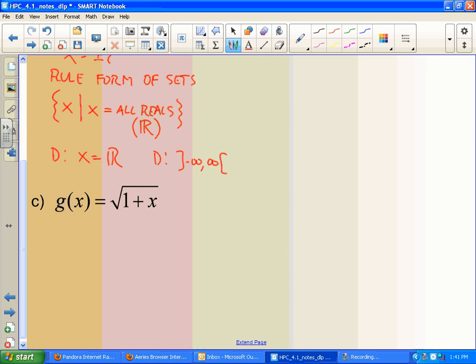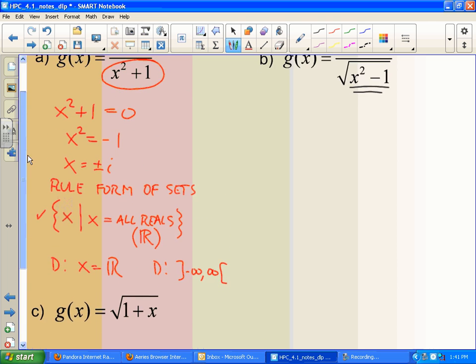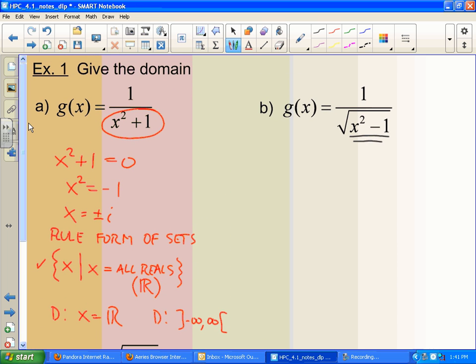So those are some different ways of writing domain. All right, so x can be anything for that graph, and it would create a value of g of x that is real. Everything's going to work.